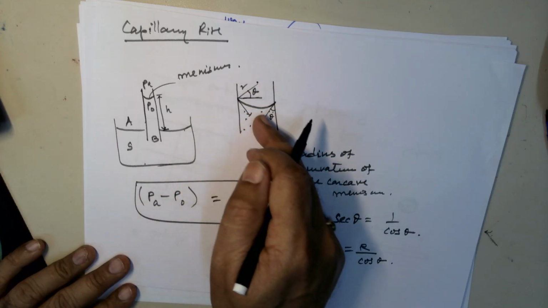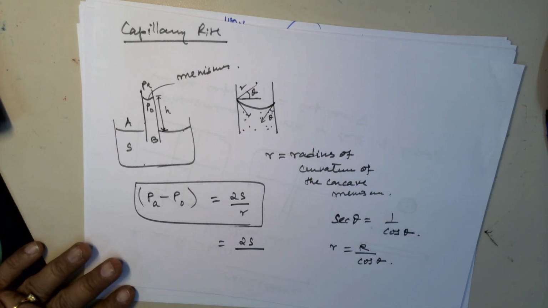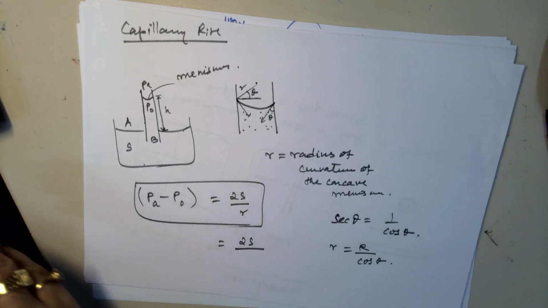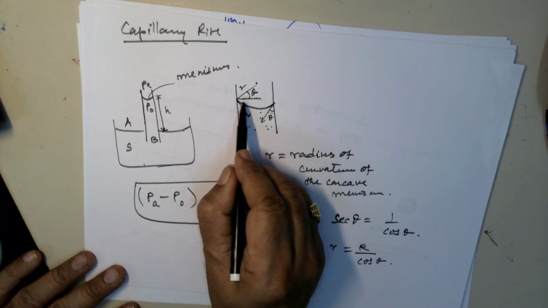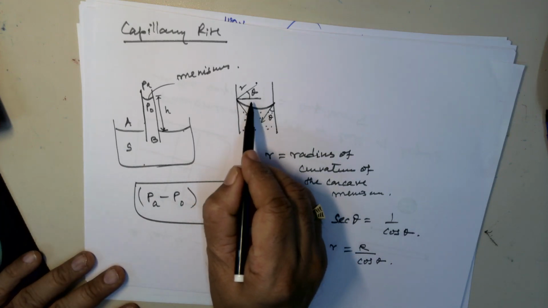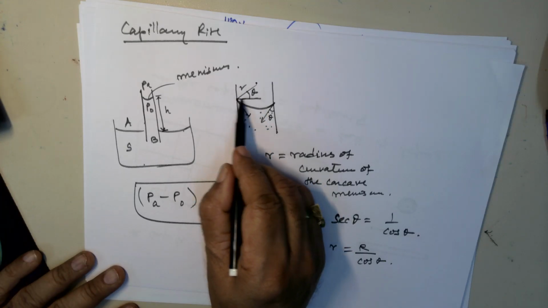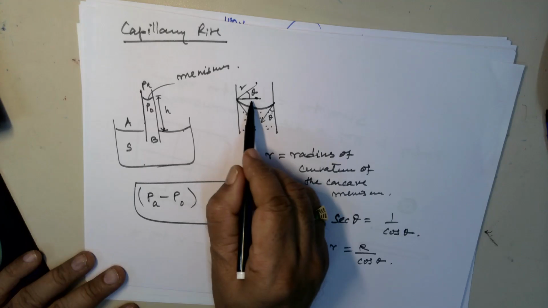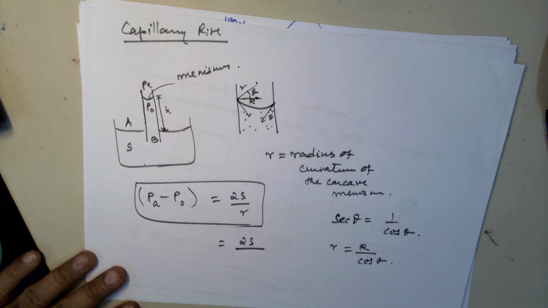So can you identify this capital R? This is the R from here. Okay.